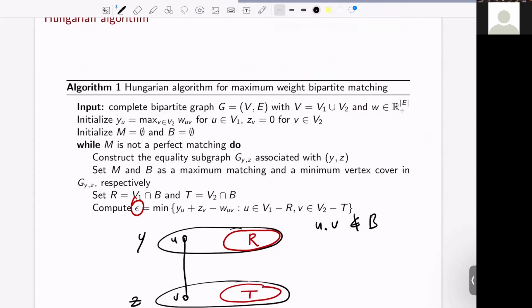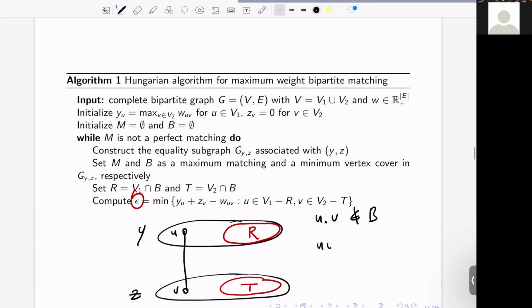What does that mean? Well, capital B is a vertex cover for my equality subgraph, but both U and V are not present in the vertex cover. It means that the edge UV is not part of the equality subgraph. So I want to add one of these edges to my equality subgraph so that I can expand it, and later on I can create a perfect matching.